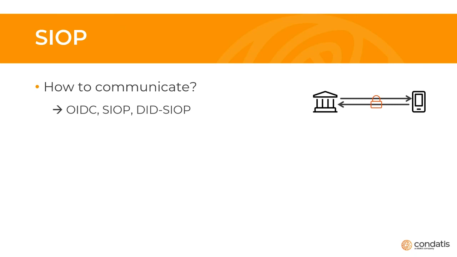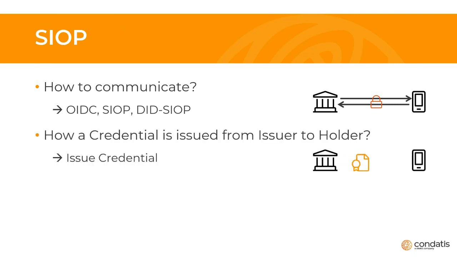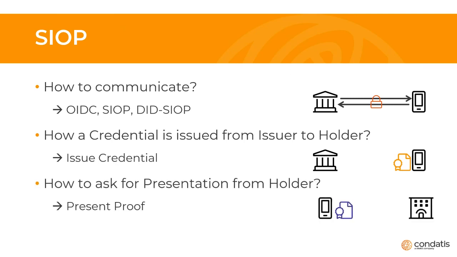And just like Aries, SIOP defines how credentials are issued and how verifiers can ask for proof of a verifiable credential. OpenID is already a widely adopted standard in the development community. It's used as an identity authentication mechanism, and it's been thoroughly tested over time. People are already familiar with the flows and tokens expected when messaging.